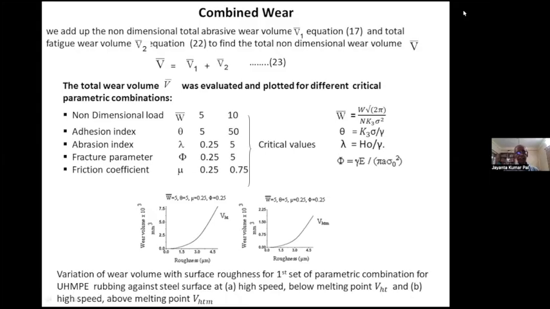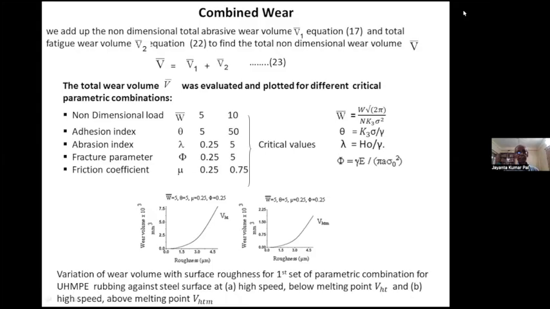But to show the effect, we'll first plot the dimensional wear. And we will do this using the first set of parameters, that is W bar 5, theta 5, lambda 0.25, phi 0.25, and mu 0.25.